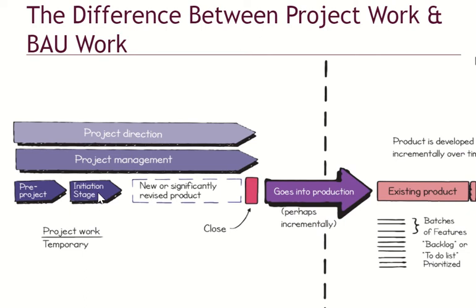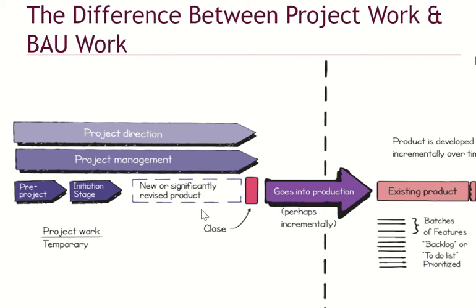After you initiate the project, there could be multiple other stages, and then the project must close. So a project is temporary work because it has a start and end time. All through this period, there will be project direction and management of the project. When the project ends, the project goes into production.